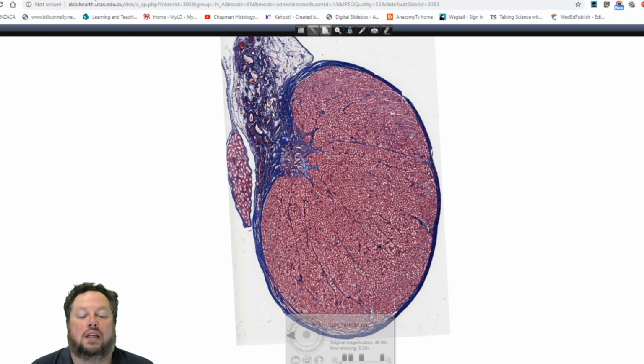Blue is collagen, of course, and one of the things about the testis is it's surrounded by this very dense connective tissue coat called the tunica albuginea. And so that's on the outside here. And then the tunica albuginea throws in these connective tissue septa to divide the testis into lobules.